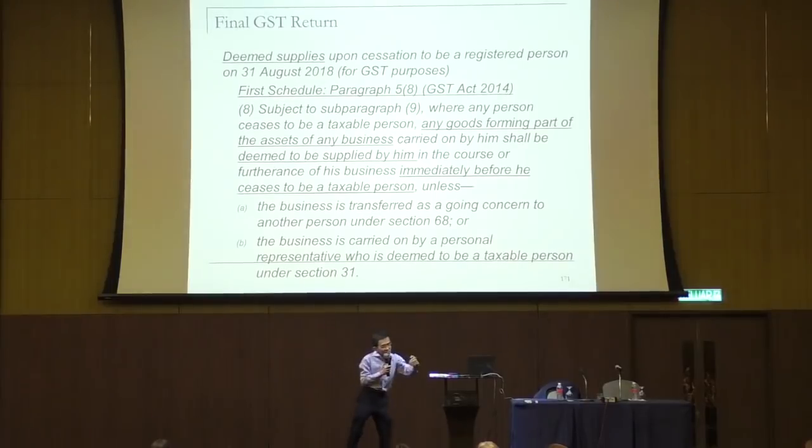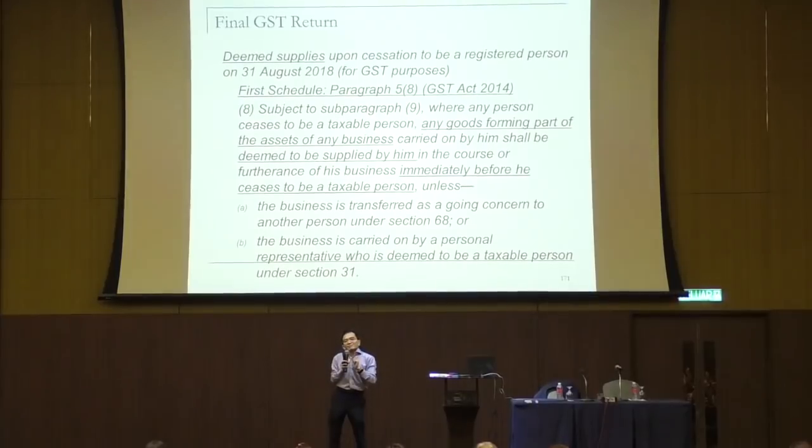So when your turnover falls below 500,000, you will go to Customs and deregister, cease to be a registered person. Customs would apply this section to say, when you cease to be a registered person, tell me how much value of the goods you have in the company. Deemed supply rate.